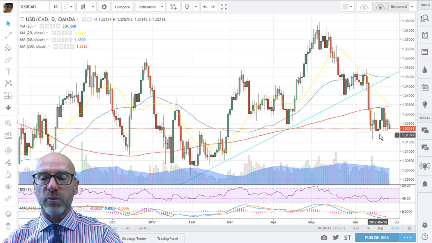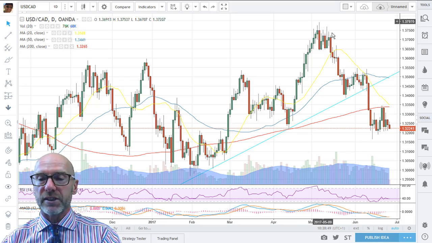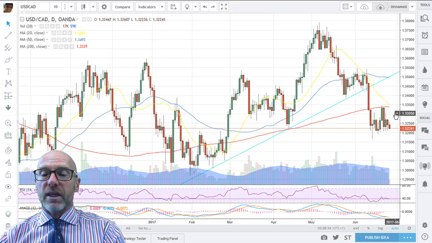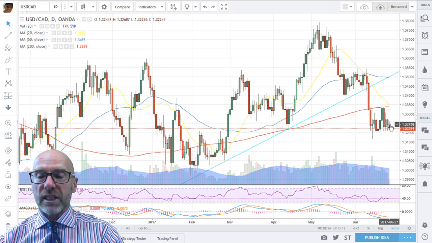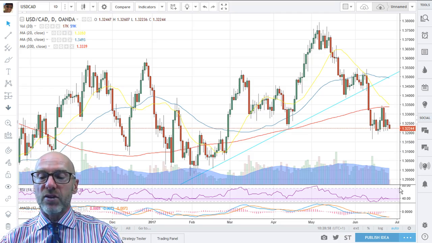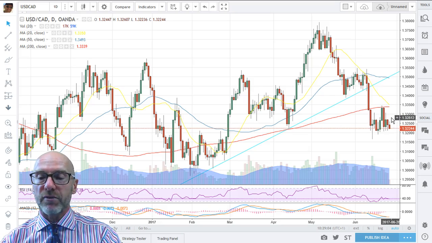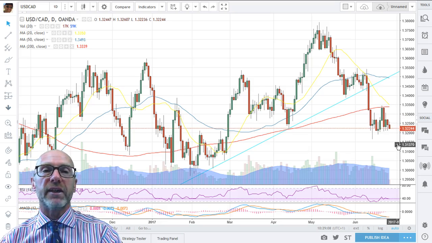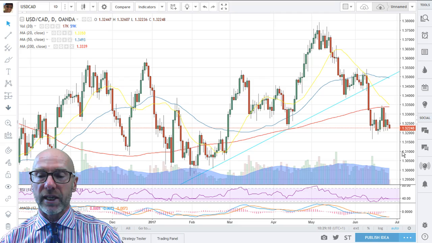You can see that we've had a picture of higher lows, and obviously the upper boundary is signified by the downtrend through there. To me, it looks like even though the RSI is having a non-confirmation, there may be a short-term bounce because of that, but this is just a flag and we will see an eventual break to the downside.